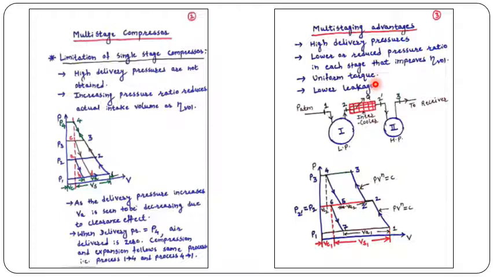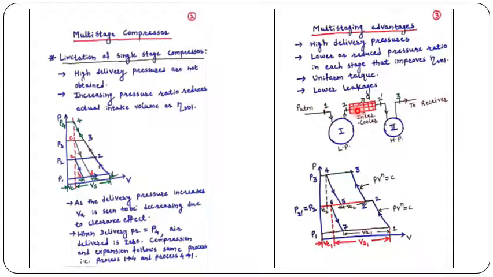Now, the advantages are many, but I have listed some of the advantages here. One is you can obtain very high delivery pressures, because since you are using multiple stages, more than 2, you can get high delivery pressures. Then, since you are dividing the total pressure ratio among the number of cylinders, each cylinder will have a particular pressure ratio, and the pressure ratio is optimum in each cylinder.